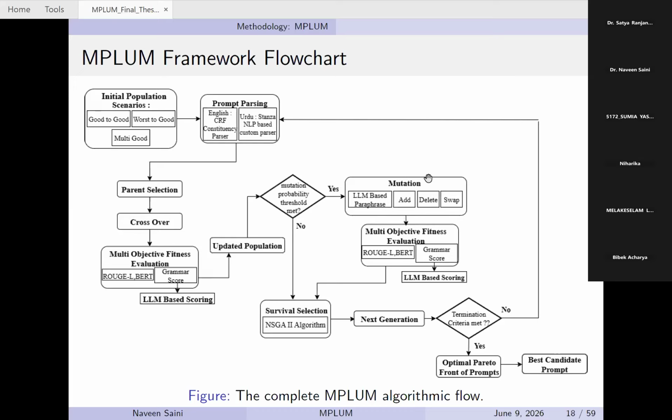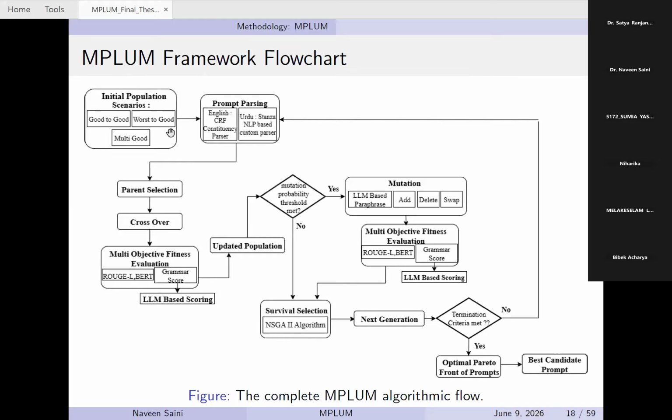If some change is there, we evaluate. So maybe some solutions are changed, and again we are reevaluating the multi-objective fitness, that means summary quality and grammar score. Now, after having the initial set of population and the new set of solutions, we apply the NSGA-II algorithm, which will select the top best solutions out of the initial population and the new population.